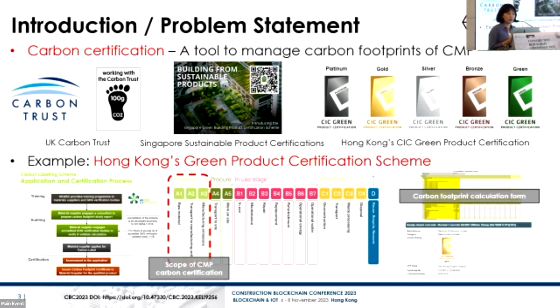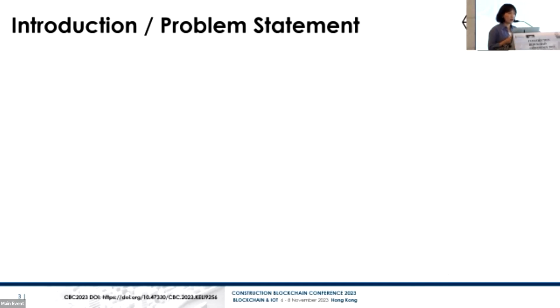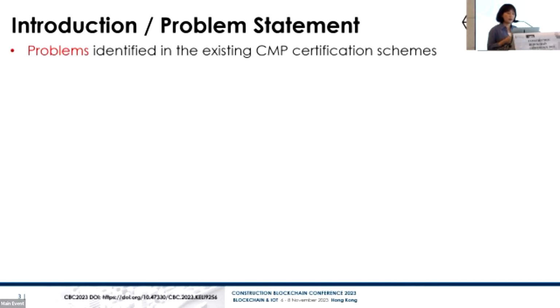It also provides a carbon footprint calculation form. And we can see from the website some construction material and product certificates issued there. However, we can still see some problems in such existing carbon certification schemes.